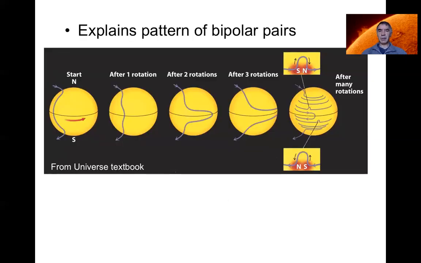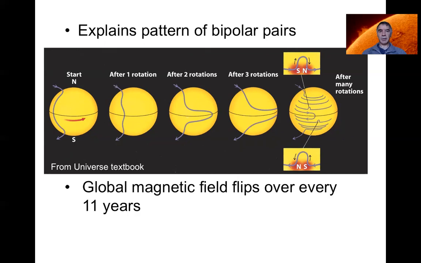So what about the polarity flipping at 22 years? Here something remarkable happens in that the entire global structure of the sun's magnetic field really does flip over every 11 years. So you might start off with the magnetic field lines going vertically in this direction.